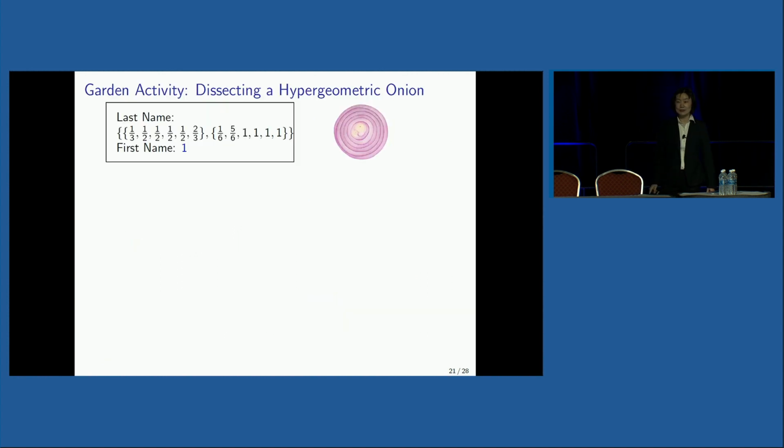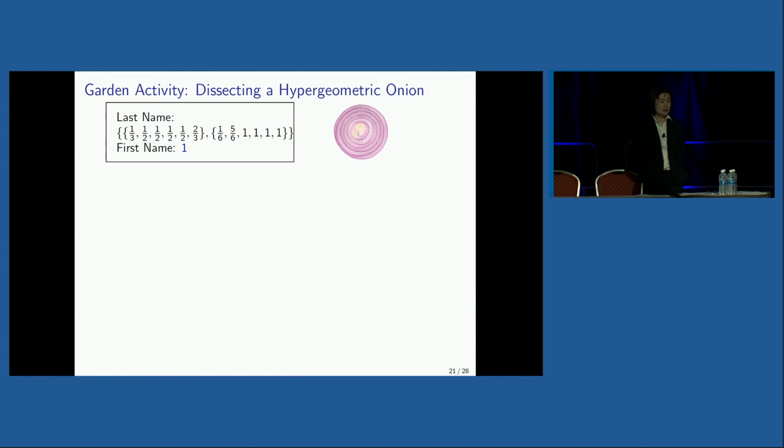All right, so this is now the second activity: how to dissect a hypergeometric onion. In this case, the last name of the onion is very long, so I'm not going to read everything for you. The first name, again, is very short. It's 1.